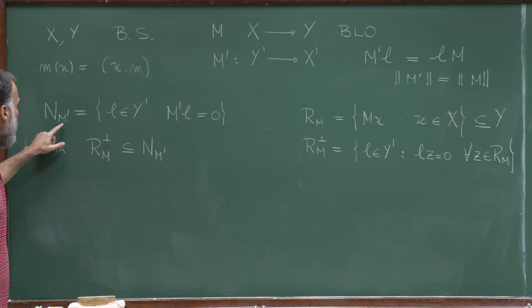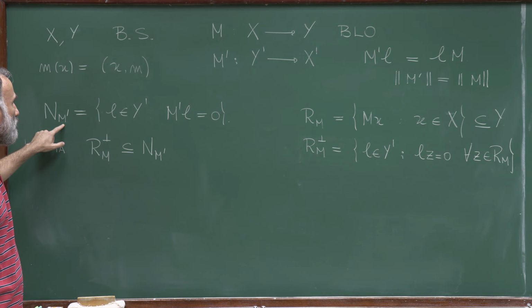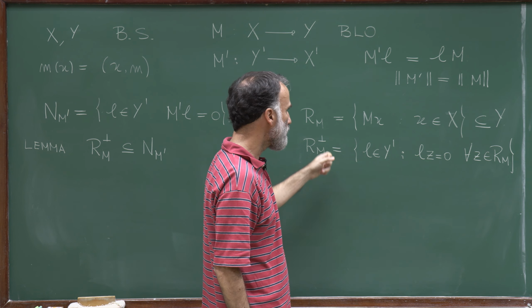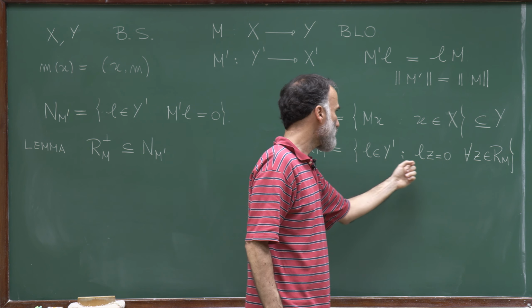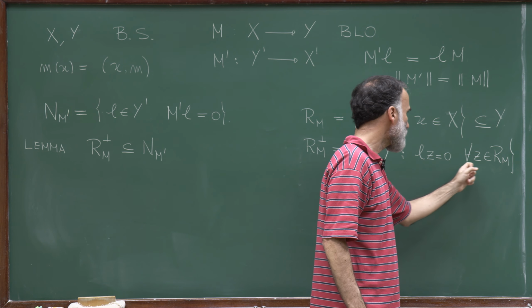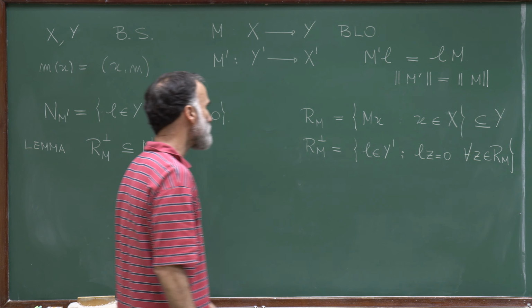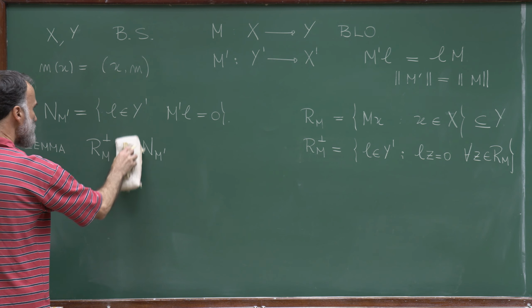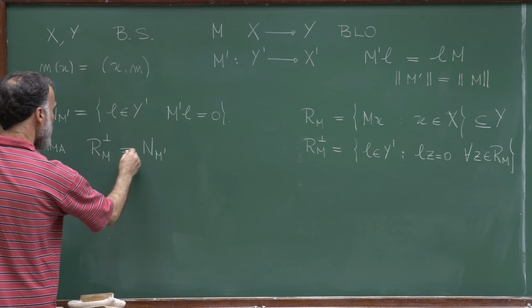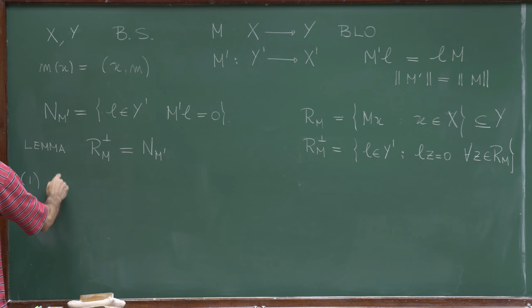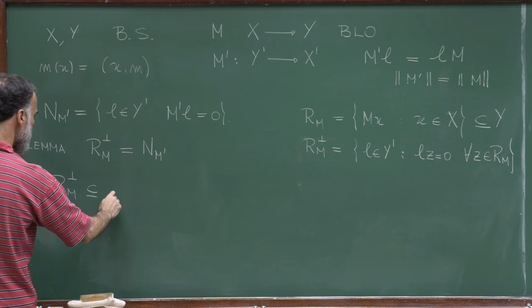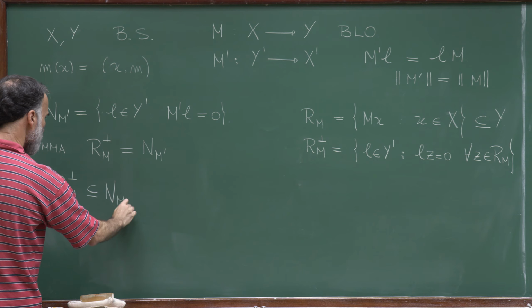So here I just recall the definition of N(m prime), and here the one of R(m) perp. So this is all L in Y prime such that L of z is equal to 0 for all z in the image of m. We want to prove this identity, and I will start by proving that R(m) perp is included in N(m prime).